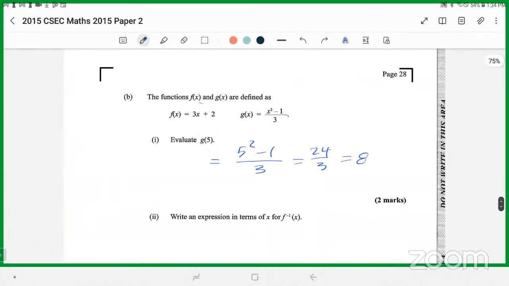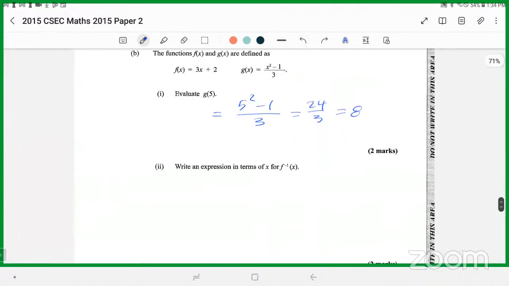An expression for f to the minus 1. Let's start with this f function here, and say f equals 3x plus 2. Inverse that, the f becomes x, equals 3 times f to the minus 1 plus 2. Make this the subject. Transpose the 2 first, you get x minus 2.